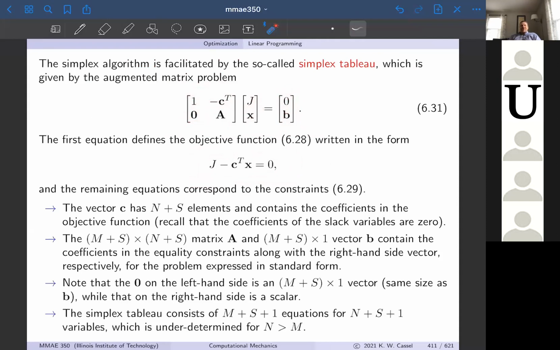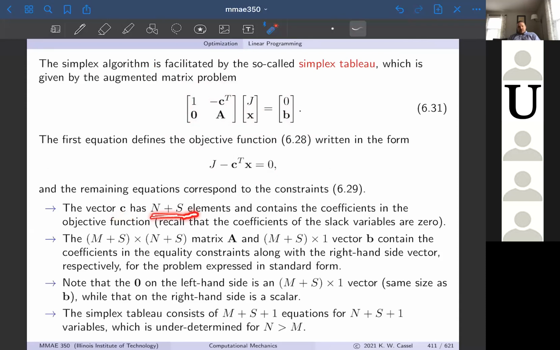Now I'm going to load on the n's and the s's, just so we can see how all these things come together. Again, just follow along, keep your head above water, and then we can go back and sort out the details. The vector c has as many elements as x. x includes all the design variables, and it includes all of the slack variables.